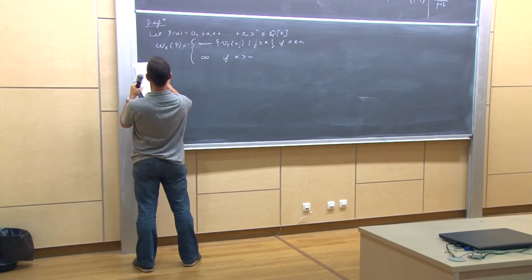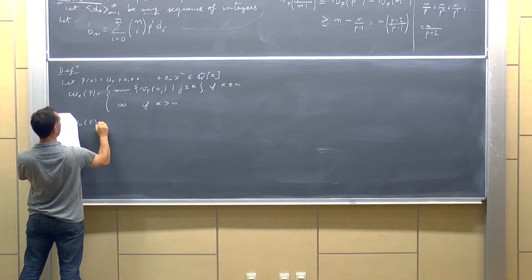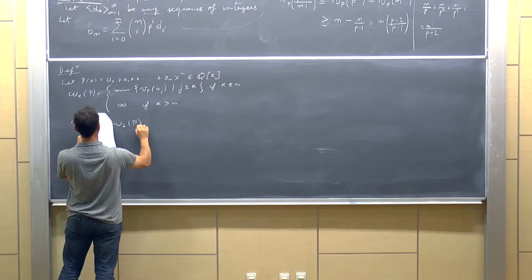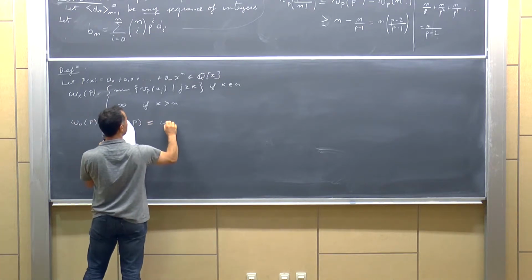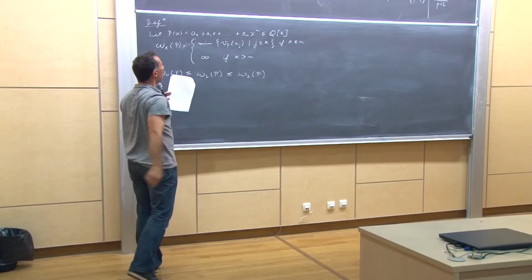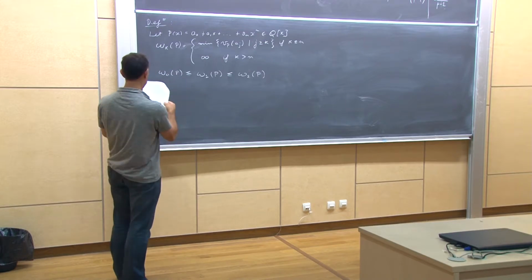And you can see, easy to see, that omega 0 of a polynomial is less than or equal to omega 1 of the same polynomial, is less than or equal to, and so on. So the sequence increases as you increase the index.